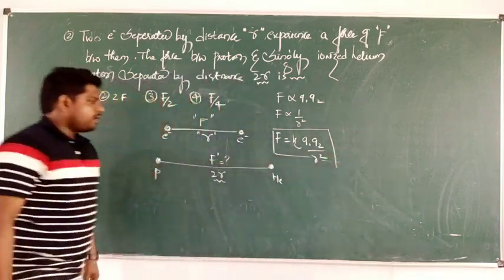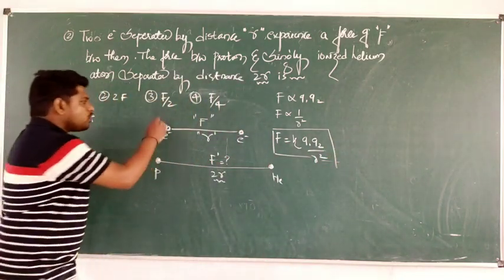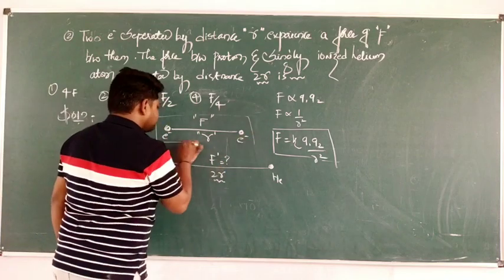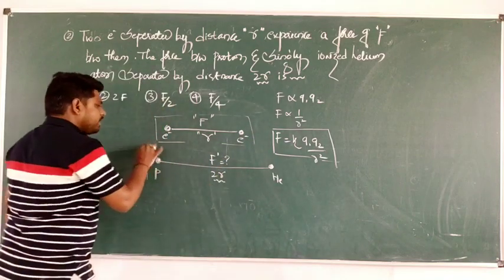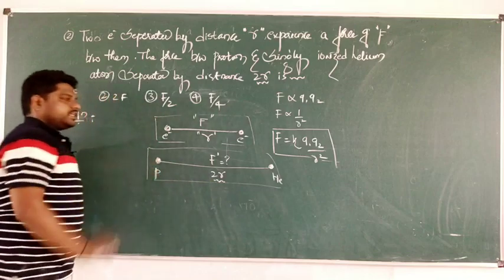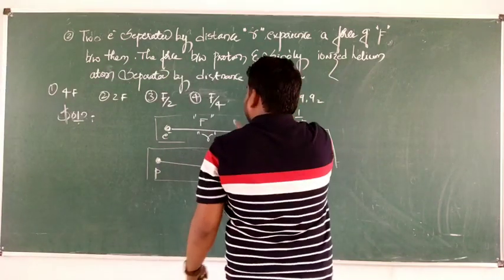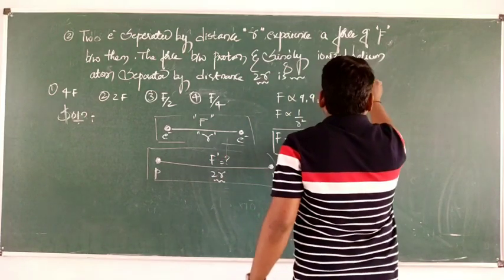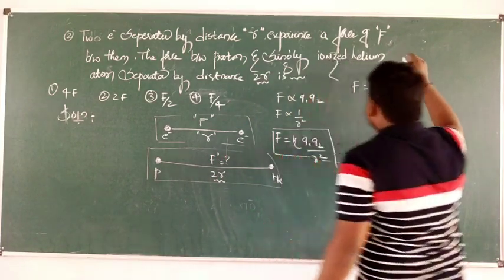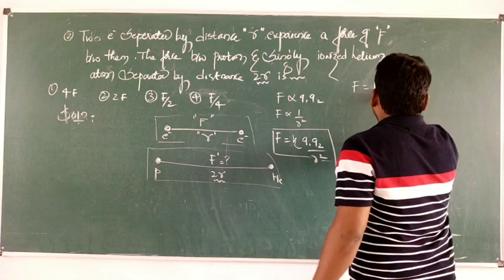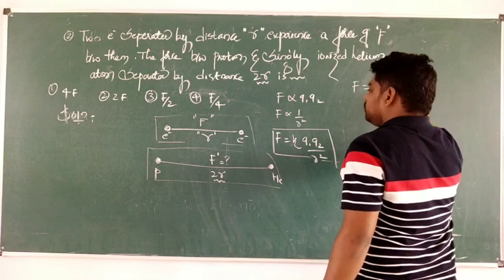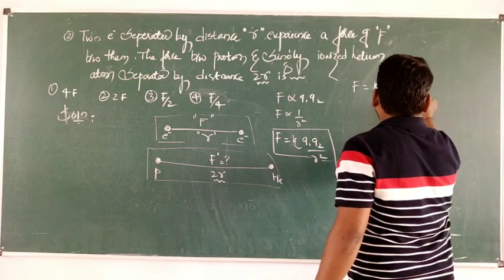Now I will apply Coulomb's law for the first case and for the second case. Applying Coulomb's law for the first case, force is F, K is constant, charges Q1 and Q2, divided by the square of the distance.